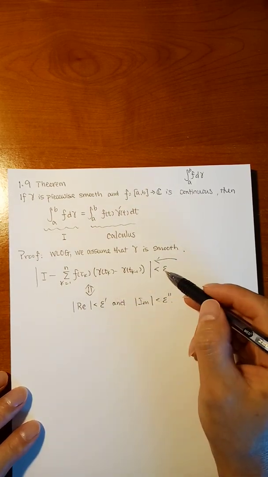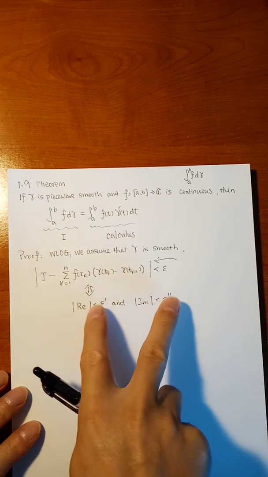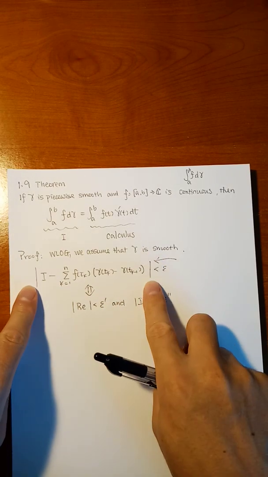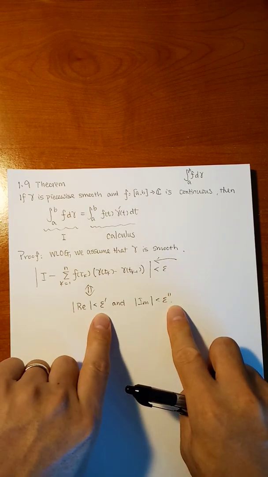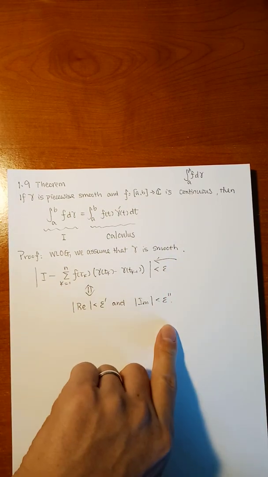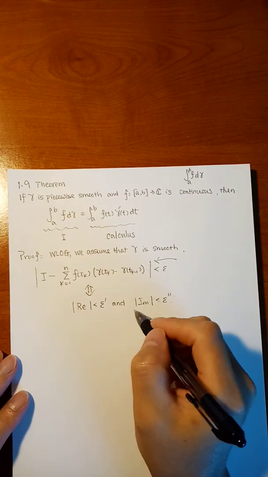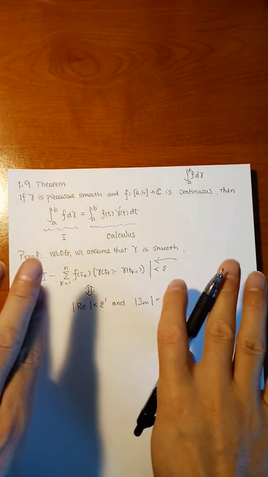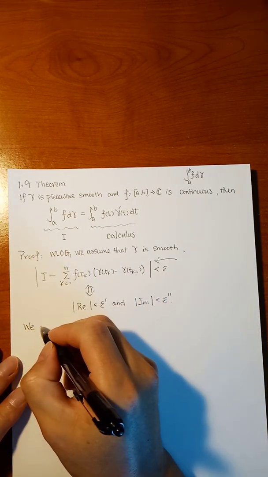If epsilon prime and epsilon double prime are sufficiently small, you can get the modulus less than epsilon. Conversely, if the modulus is less than epsilon, then the real and imaginary parts are each less than epsilon.